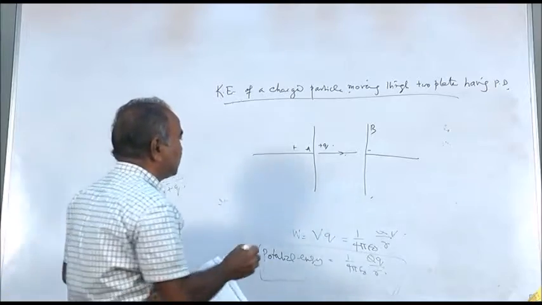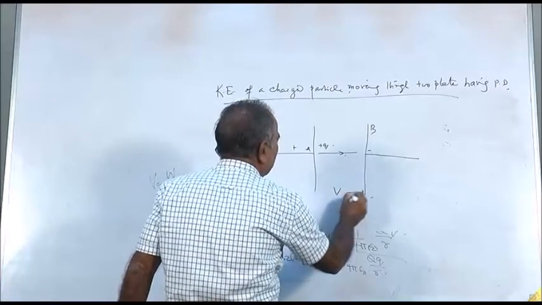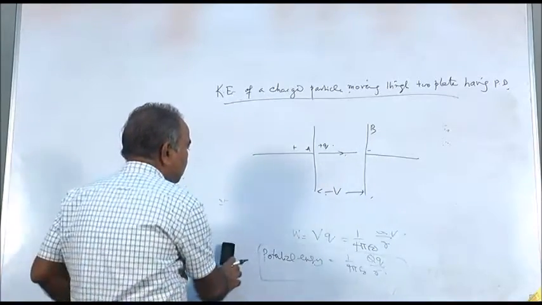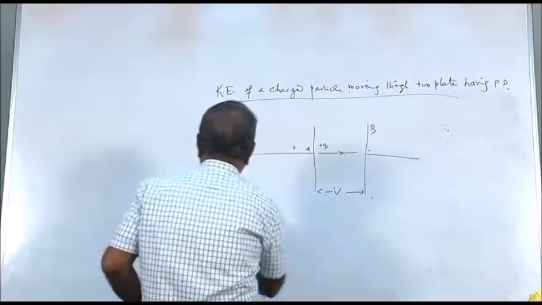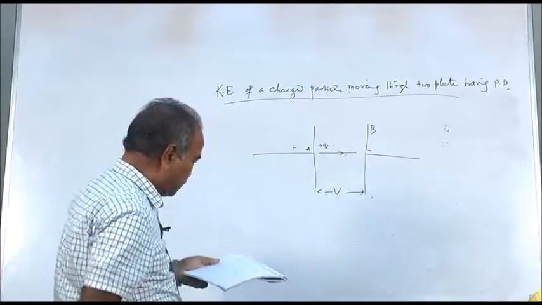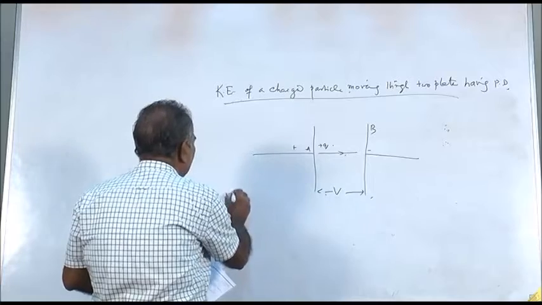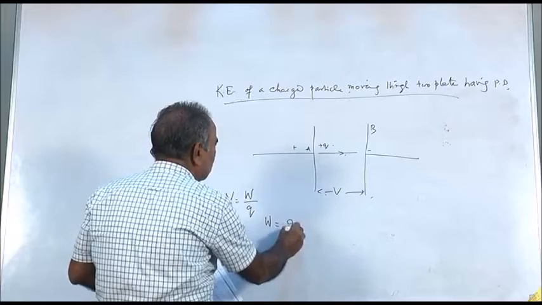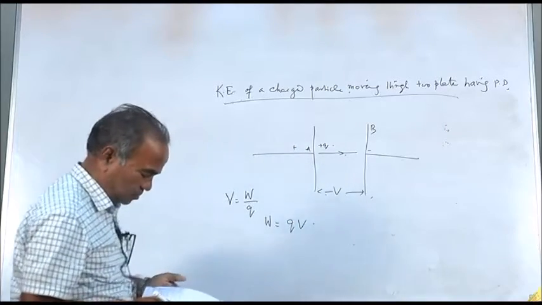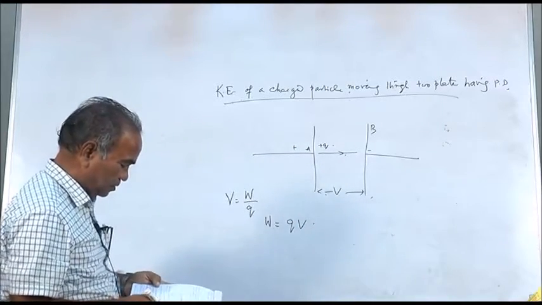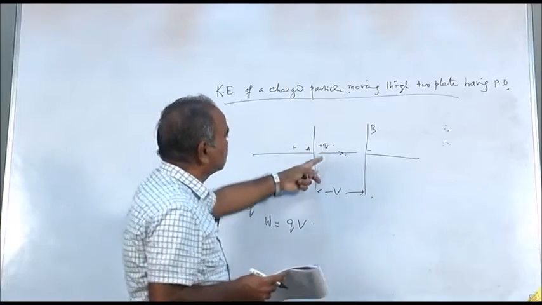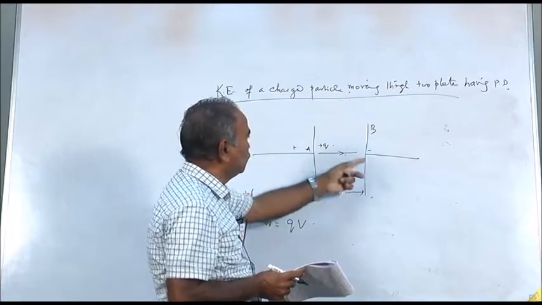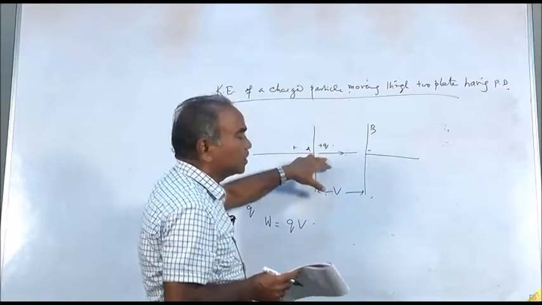So if V is the potential difference between the two plates, V is equal to W by q, or the total work done W will be q into V. Because of this work, the charge will move in the field within the two plates, so it will acquire a certain velocity.